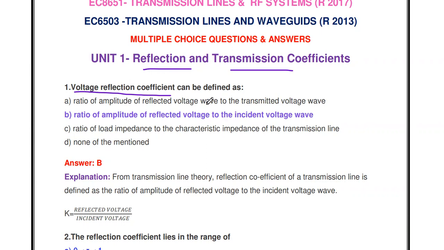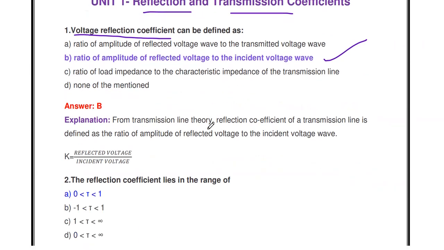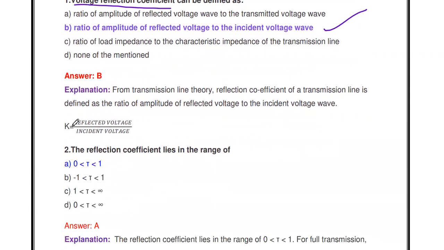The reflection coefficient is the ratio of amplitude of reflected voltage to the incident voltage. It is indicated by K, or sometimes by capital R. It's the reflected voltage divided by the incident voltage.